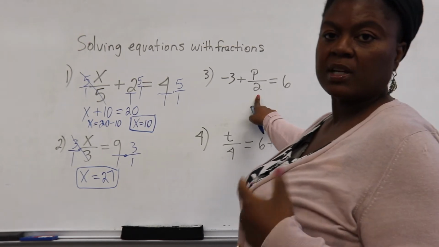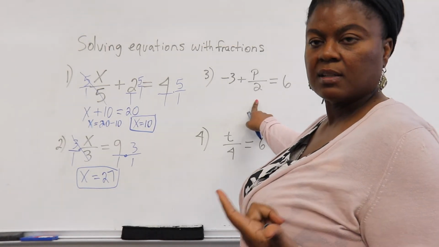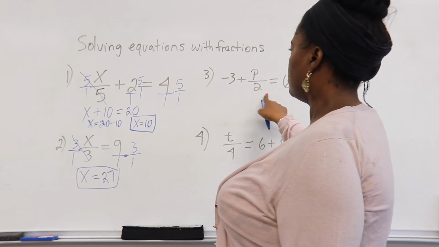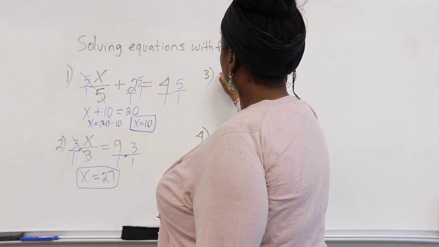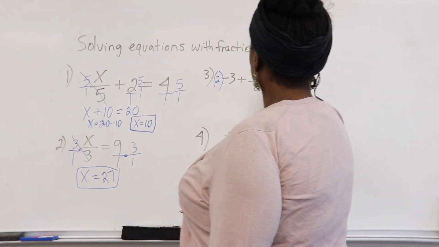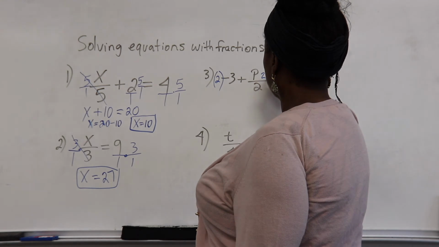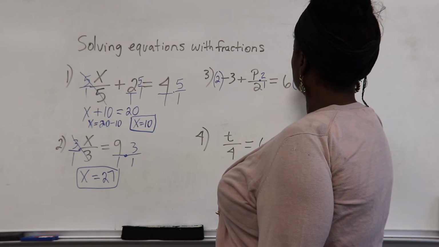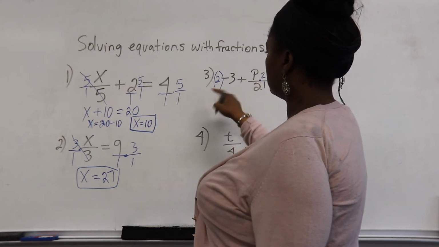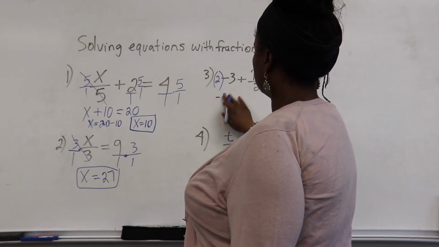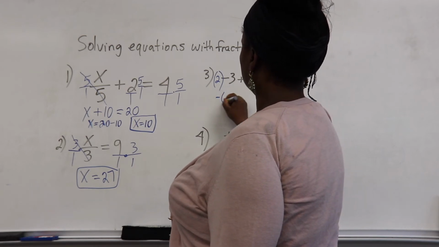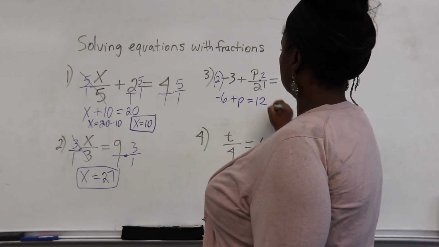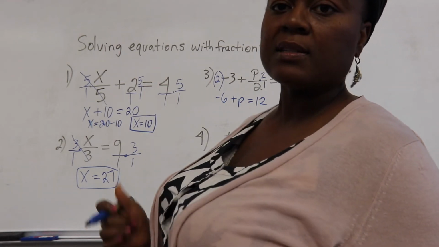We have a division again. Let's go ahead and get rid of that fraction. So we multiply everything. We find the product of everything with that 2. So, okay, now we need to combine like terms.